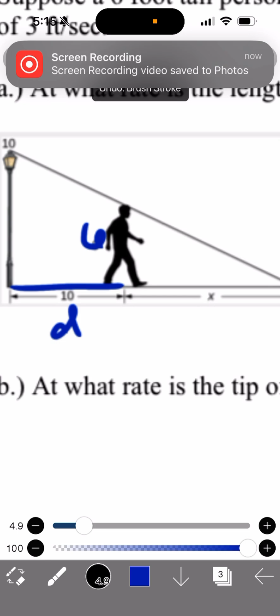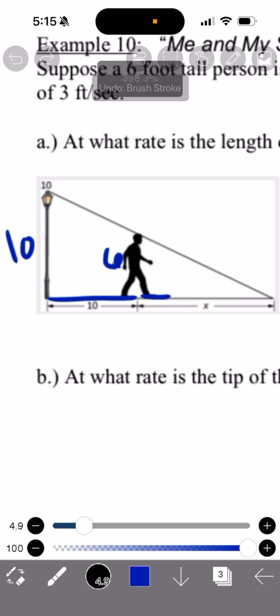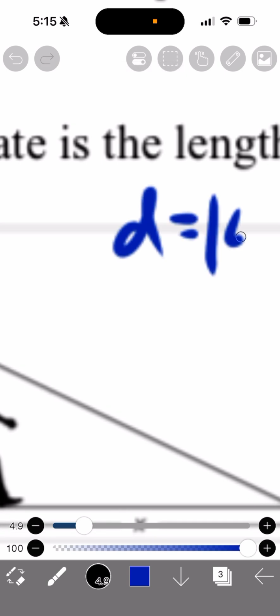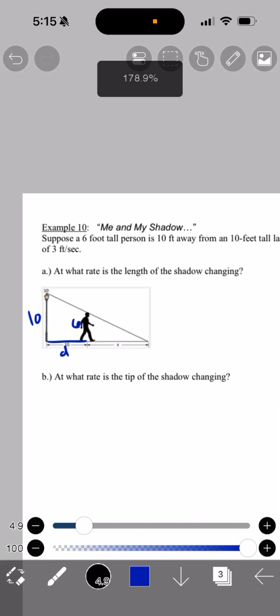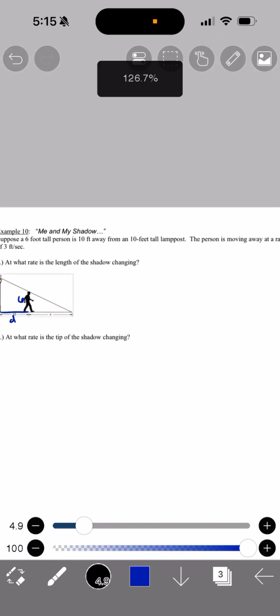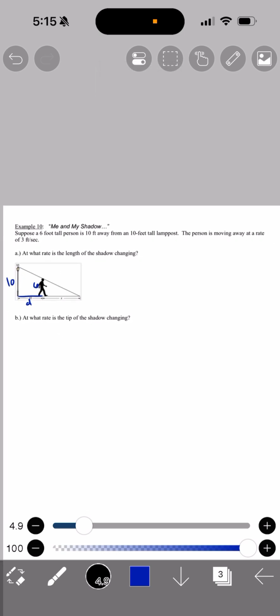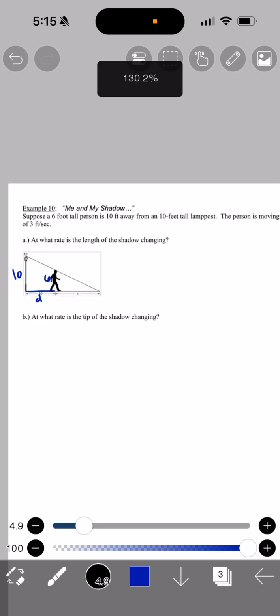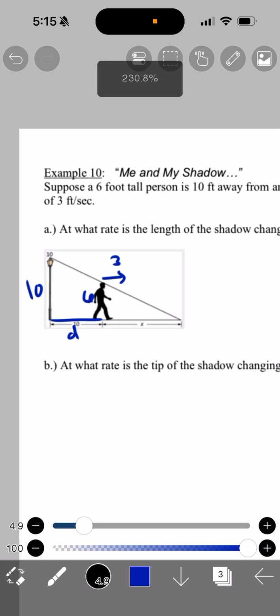If we just put it as 10, we won't be able to find the derivative of it. So we know that D is equal to 10, but we're not going to write it down as 10. The person is moving away at a rate of 3 feet per second. So right here, they're going 3 feet per second.